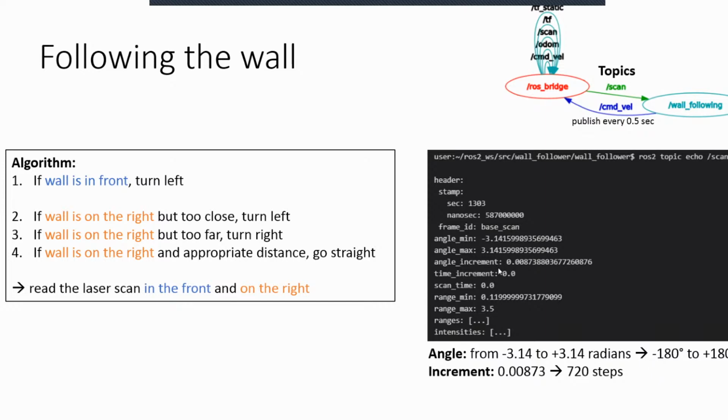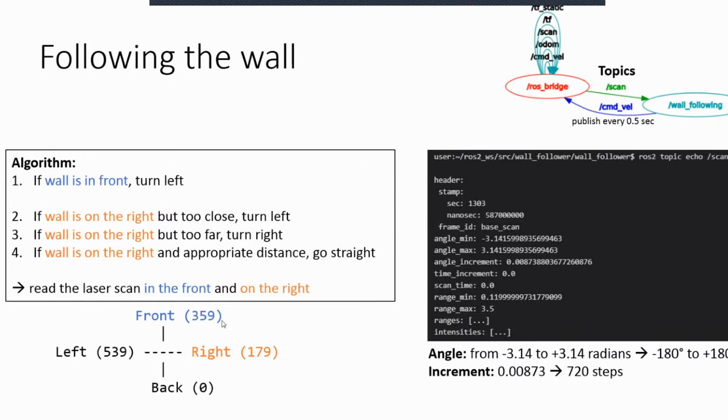The important thing here is the increment is 0.00873, which means that we have 720 steps in this minus 180 to plus 180 degrees. With a bit of trial and error, figuring out which are the right readings we want, it turns out that if we look at the laser scan array, what we want is number 359, or basically 360.